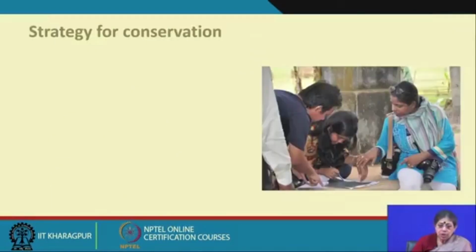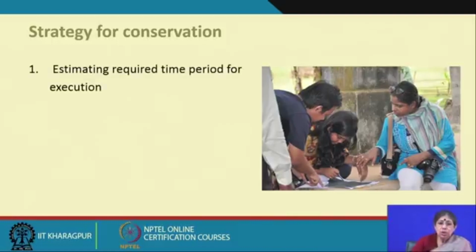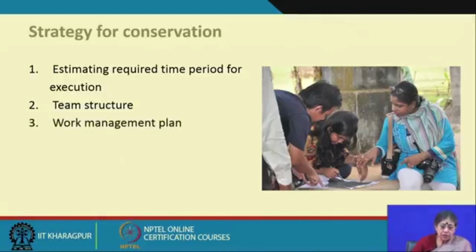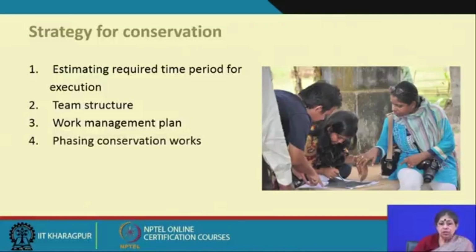This brings us to the question of making a team for conservation, what is the time period which will be required, and the team structure, who will be the experts depending on the cause and the nature, and the work management plan, how the phase-wise preparation of the work will be done, and phasing of the conservation, and, as I say again, the different types of mitigation measures and others.